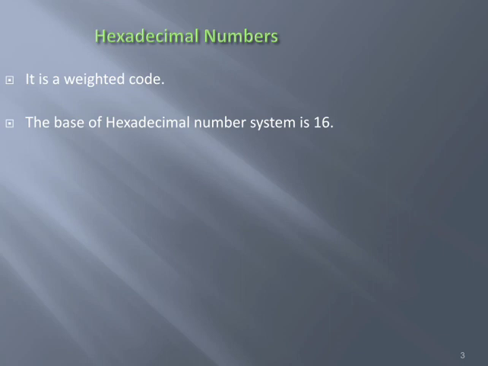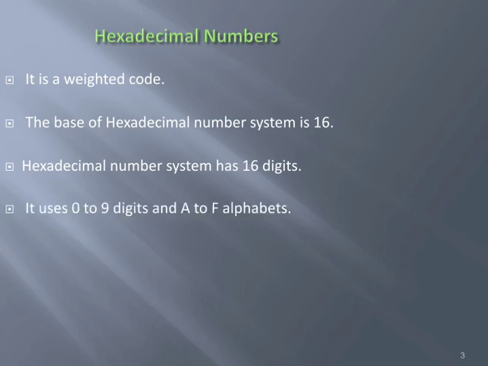That means hexadecimal number system consists of 16 distinct symbols, and the 16 distinct symbols are 0 to 9. Total it becomes 10 digits, and the remaining 6 symbols are capital alphabets A to F. So 0 to 9 becomes 10, and A to F becomes 6. So total 10 plus 6 distinct symbols are there in hexadecimal number system.